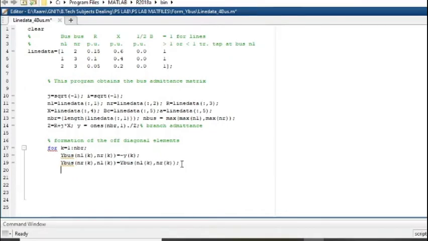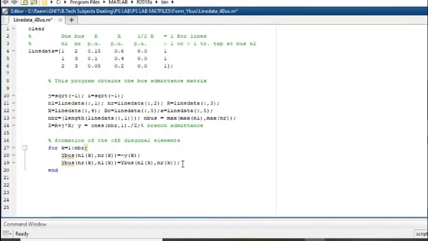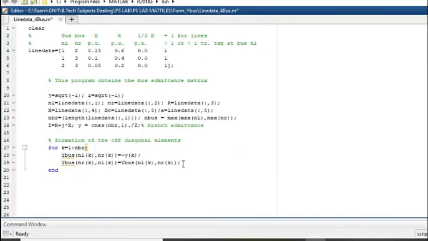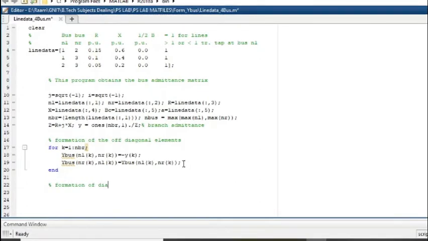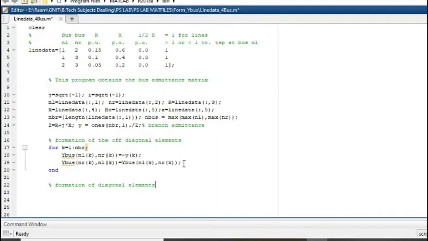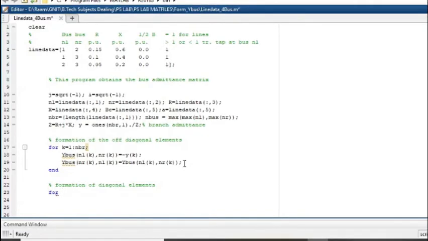After one loop is completed for the off diagonal elements, now we will jump to the formation of diagonal elements. We will start with first, and this time we require the number of buses.